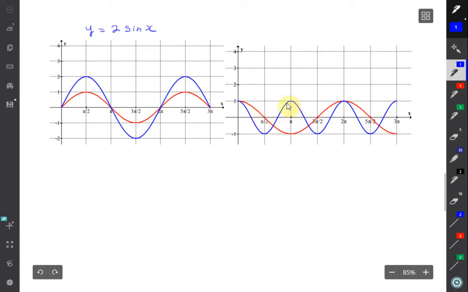Now we could quickly see there that that's half, so the k value would be 2, because remember they have the opposite effect. Or you can use the formula and say that k is equal to 2 pi over the period, and the period of the new function is pi.